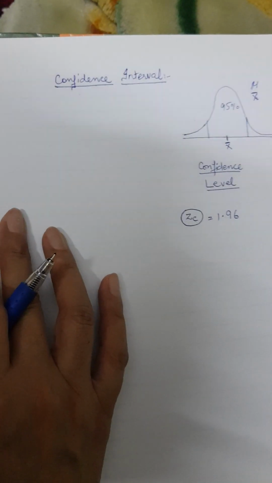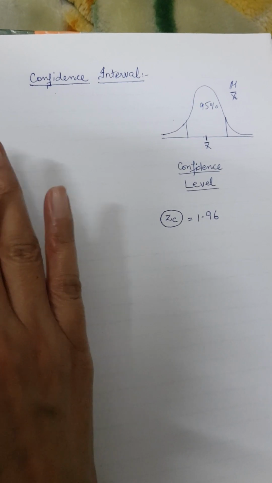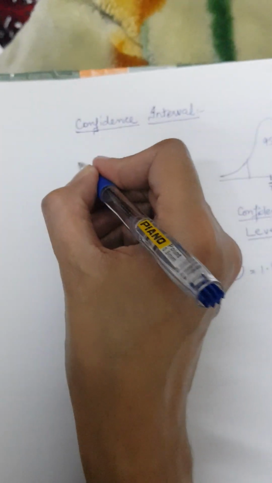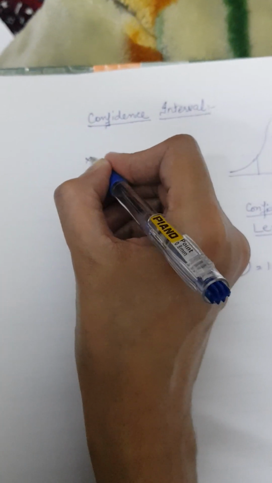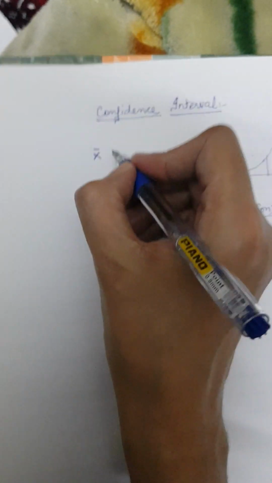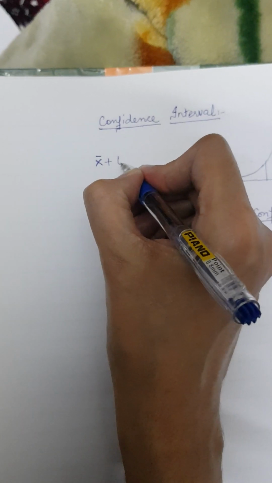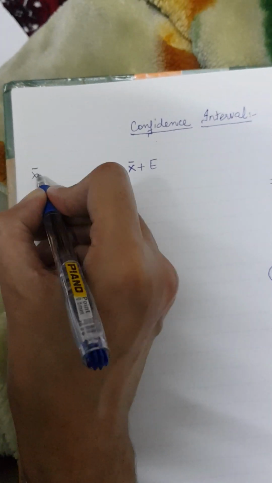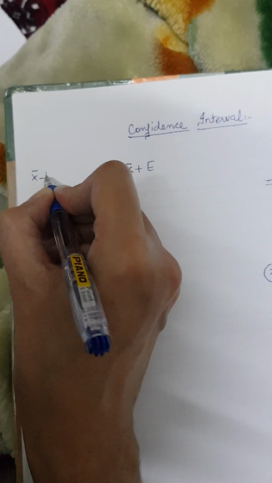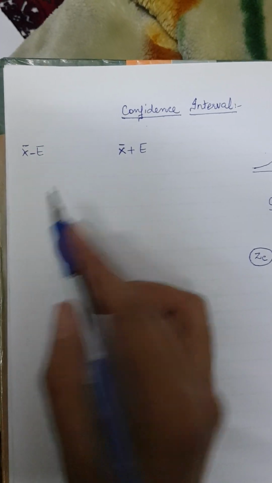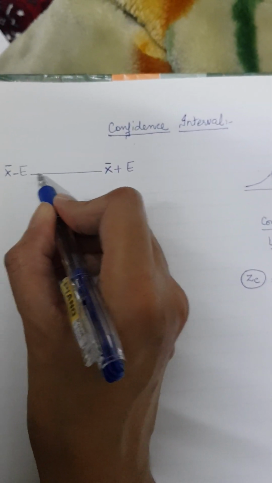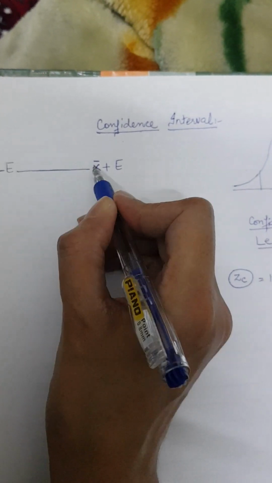A very simplified formula is x bar plus standard error on the right side, x bar minus standard error on the left side, and within them is the confidence interval.